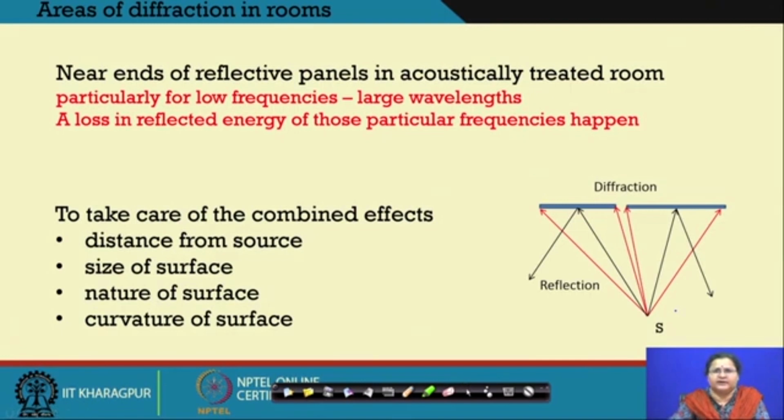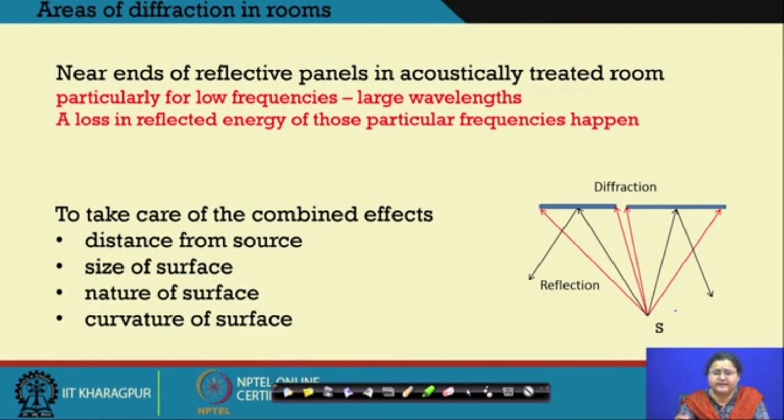Now, let us come to the areas of diffraction in a room. Near the ends of reflective panels in acoustically treated rooms, particularly the low frequencies which have large wavelengths, actually bend. There is a loss of reflected energy of those frequencies, and you cannot get those frequencies towards the listener.